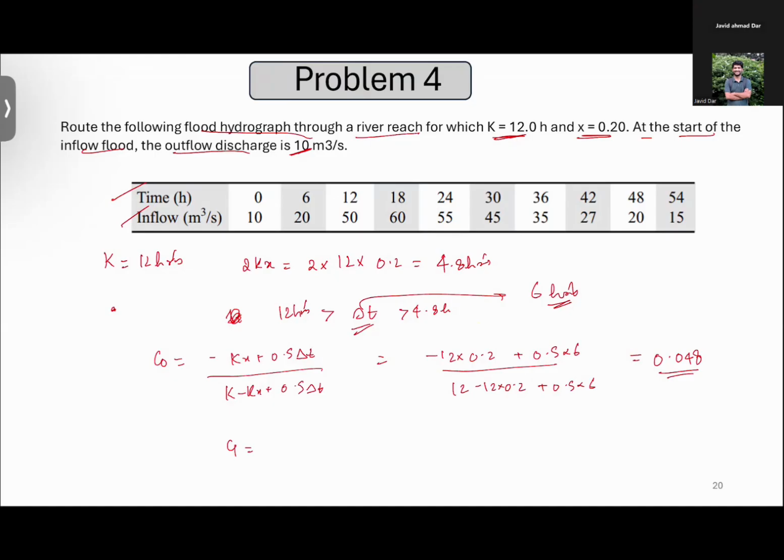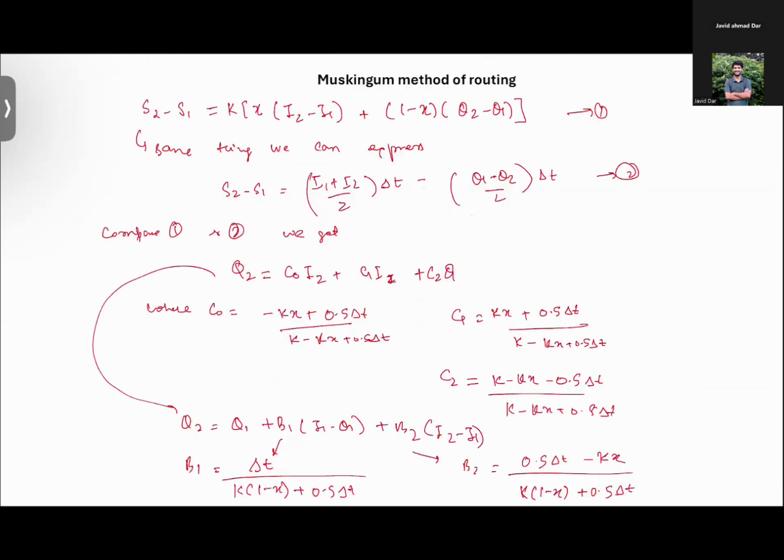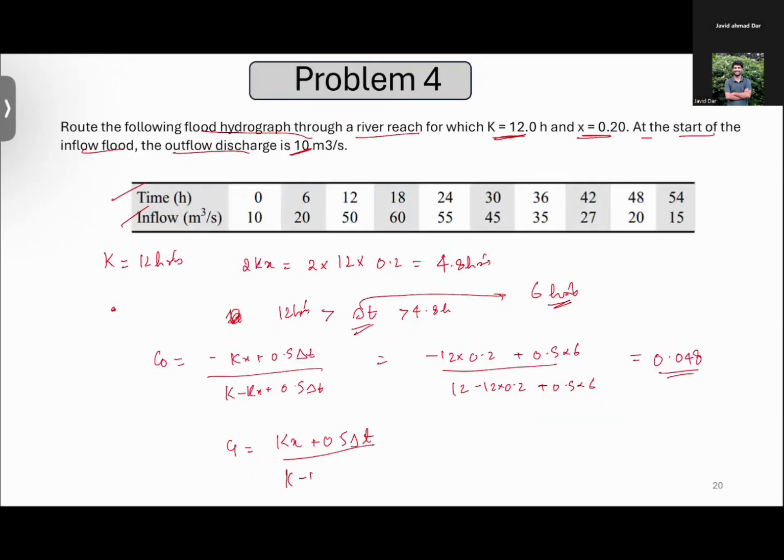Similarly, the equation for C1 is Kx plus 0.5 times delta t divided by K minus Kx plus 0.5 times delta t.